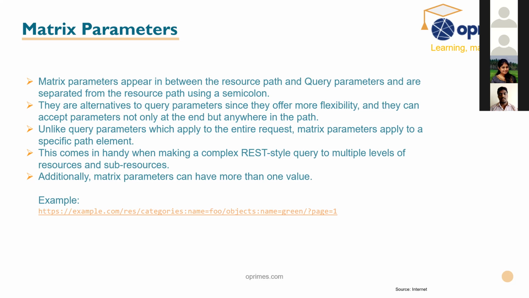Ovia, I had a question. Yes. Can matrix parameters and query parameters be clubbed in a single API request? Yes. Say the current example. It has this definition also. If you see the second one, it comes between the resource and the query parameter.